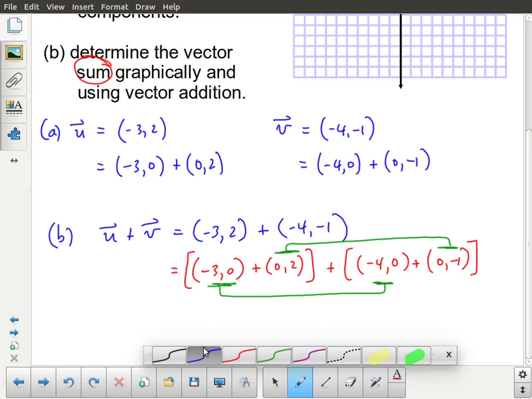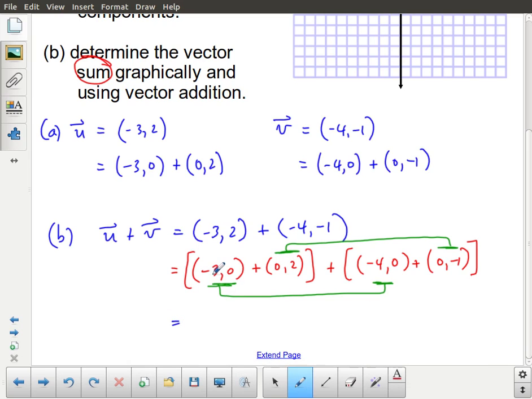So when I combine those together, I take a look at my x components. I have a -3 and a -4, and I'm adding them. -3 plus -4 gives me a -7. So that's my x component, plus a 0 and a 2 and a 0 and a -1. So the x part stays 0. 2 minus 1 is just equal to 1.